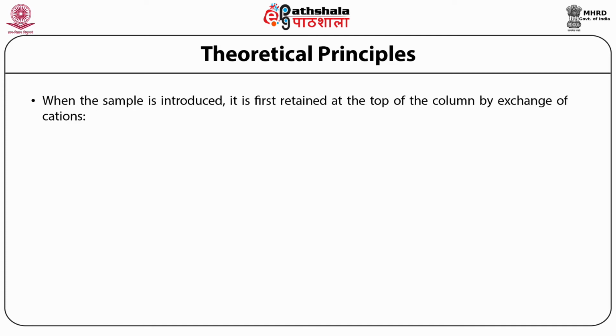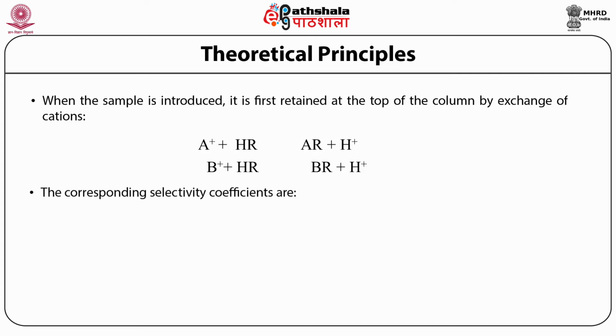A plus plus HR is in equilibrium with AR and protons released; B plus HR again forms BR and H plus is released. The corresponding selectivity coefficients Ka and Kb are shown in the following equations.